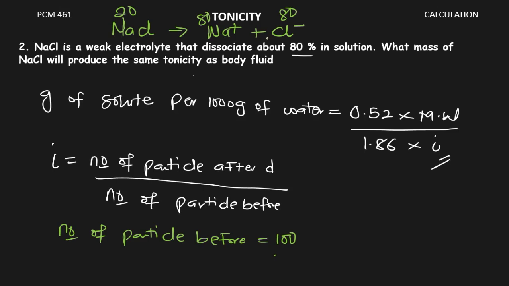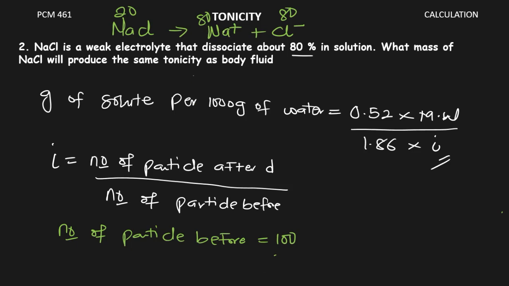It's more like you have 80 of this. When it breaks down, it forms 80 sodium plus 80 chloride ion. So the total number after dissociation will be how many? You recall that 80% dissociated.